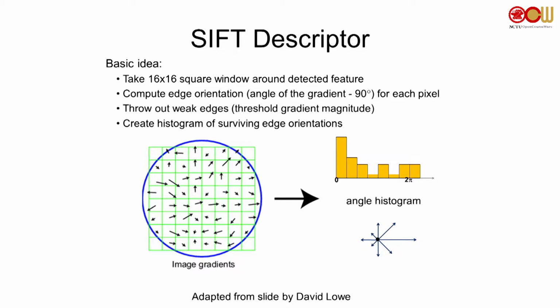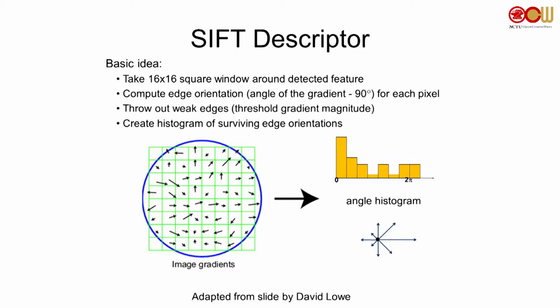The basic idea: take a 16 by 16 square window around the detected feature. It's like the shape we just saw. You can consider that this is maybe around a V-shape location, and then you try to find its surroundings. Over here it's a 16 by 16 window.